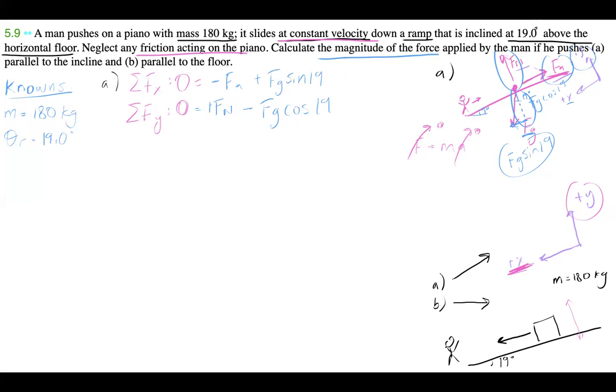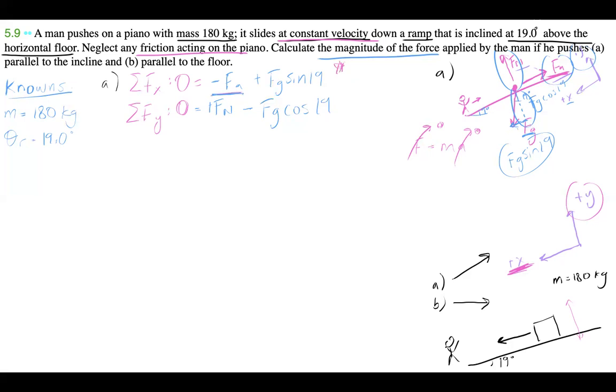Now we want to solve for what FA is. Because we want to solve for FA, we can just use this equation right over here, because there's one unknown and we just have to isolate for it.